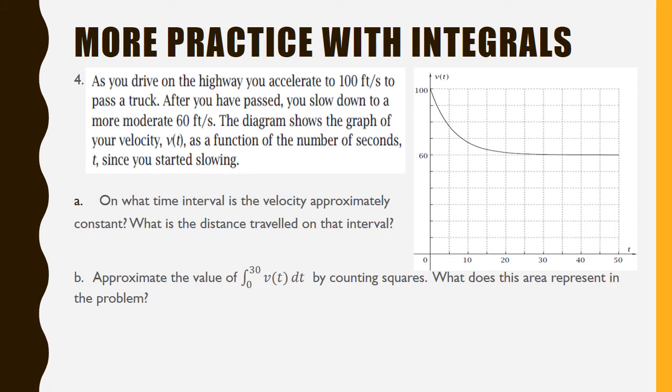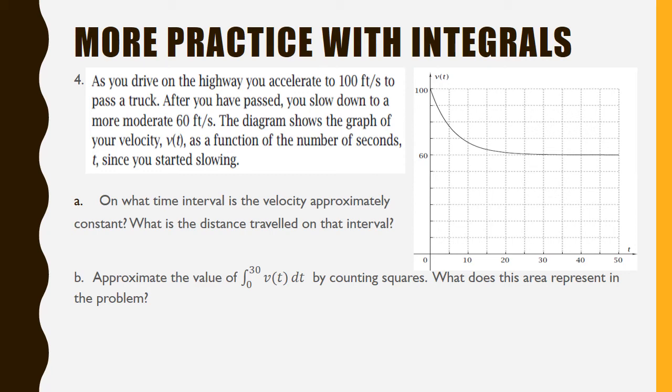Problem 4. Here you are driving a truck, and to pass somebody you accelerate to 100 feet per second, and after you pass them and get back in the right lane, you go back to a safer 60 feet per second. That's what the diagram is showing. On what time interval is the velocity approximately constant?